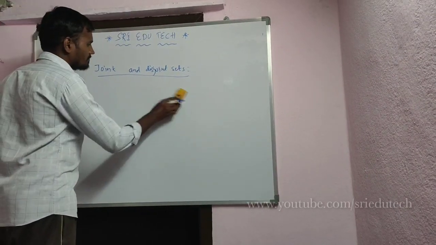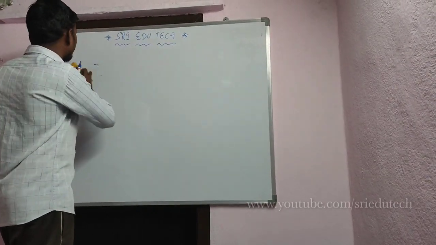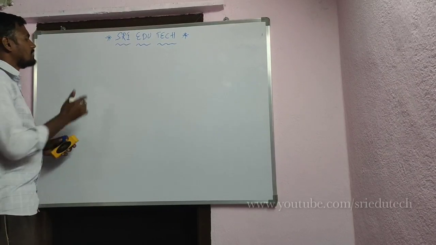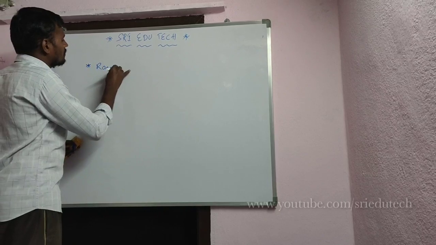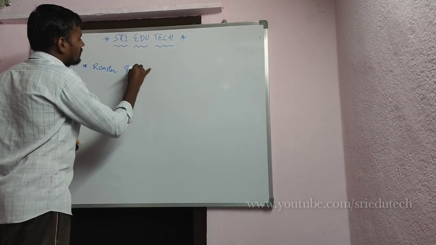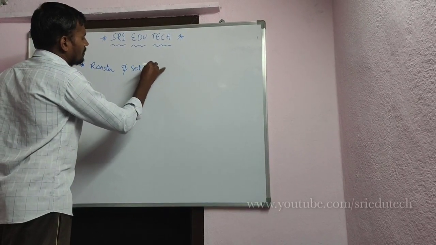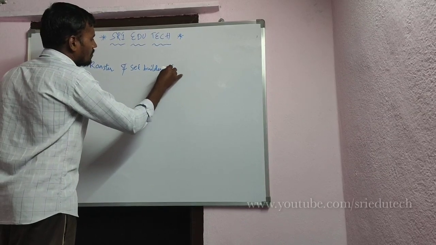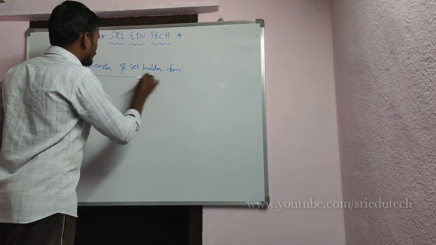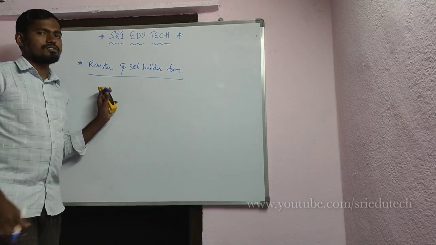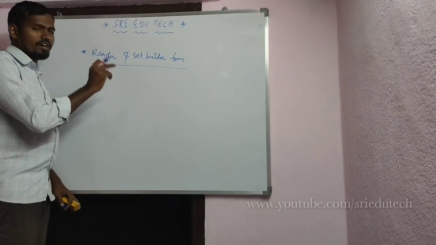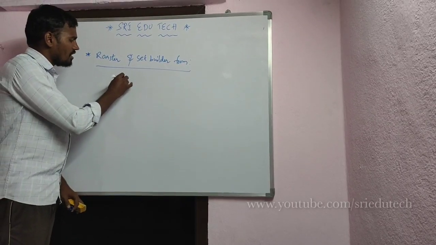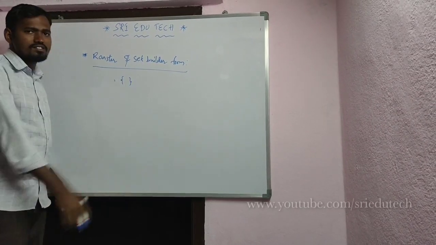Next, roster and set builder form. Roster form means we are using commas in the special brackets.